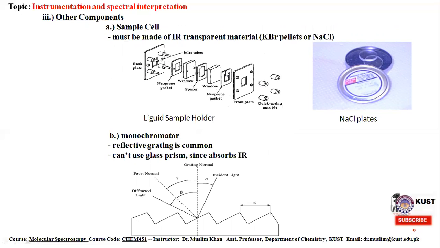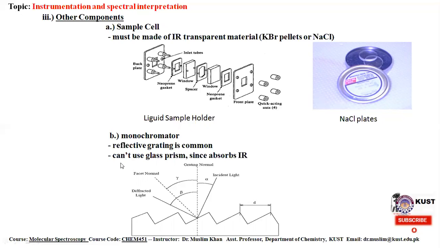When you place your sample inside that sample cell, it must be IR transparent, because if the material is absorbing IR radiation, it gives you interferences, which does not give an accurate result. So all the light should reach the sample without interference of the material of the sample cell, which is made of either sodium chloride or KBr pellets.